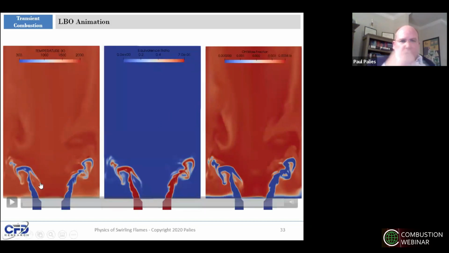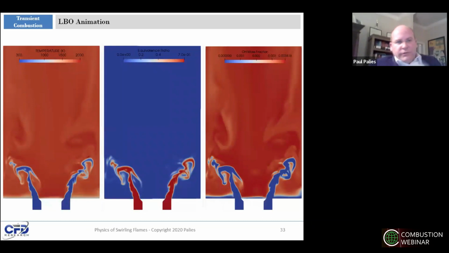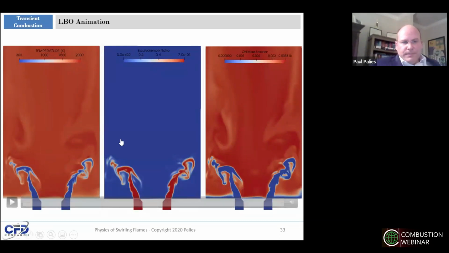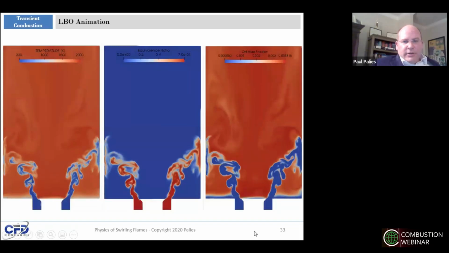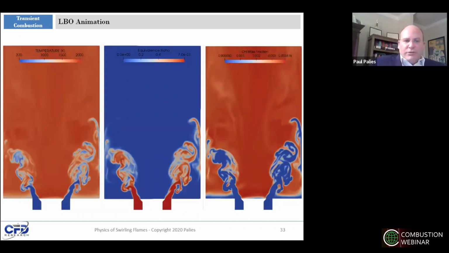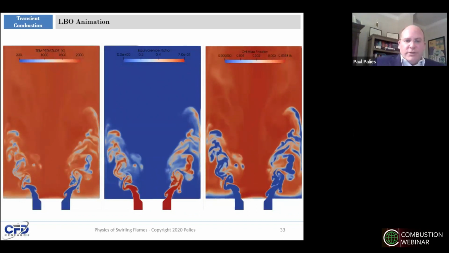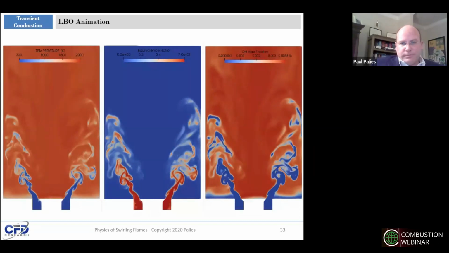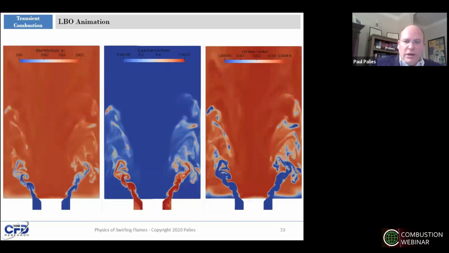Now I'm going to show a visualization and animation of the simulation, with the temperature on the left, the equivalence ratio field in the center, and the OH mass fraction on the right of the slide. It's not OH star, it's OH mass fraction. You will see a key feature: temperature is reducing as the equivalence ratio reduces, and there is an entrainment of OH into the reversed flow of the ERZ.